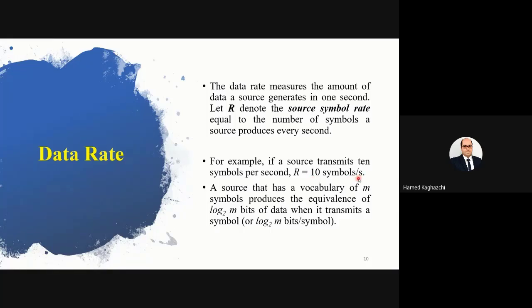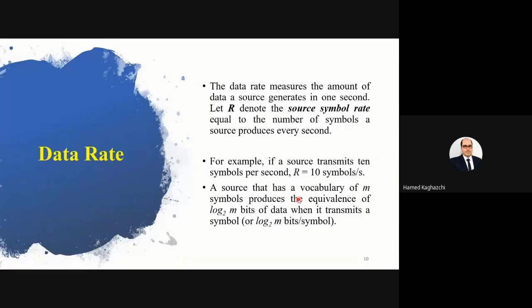In the previous chapter, we learned that the entropy of a source indicates the number of bits that are needed to represent a symbol. What was the entropy of a source? The source entropy determines the number of bits that can represent one symbol.